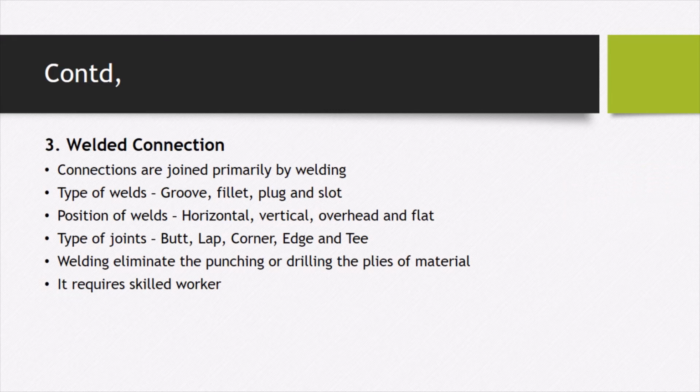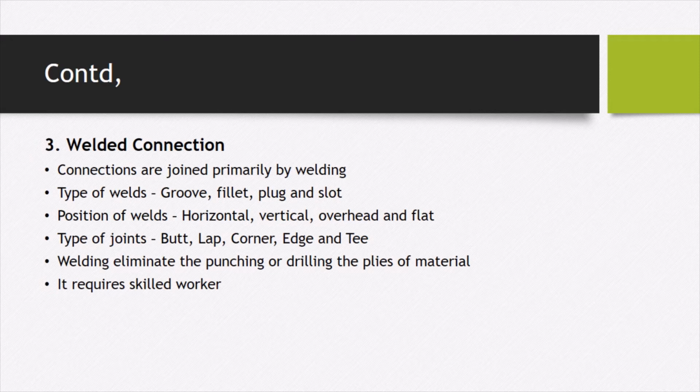And here we also need to discuss the types of weld: groove, fillet, plug and slot. And the position, which can be horizontal, vertical, overhead, and flat. And the types of joints in joining the medium: butt, lap, corner, edge and T. These are the types of joints.